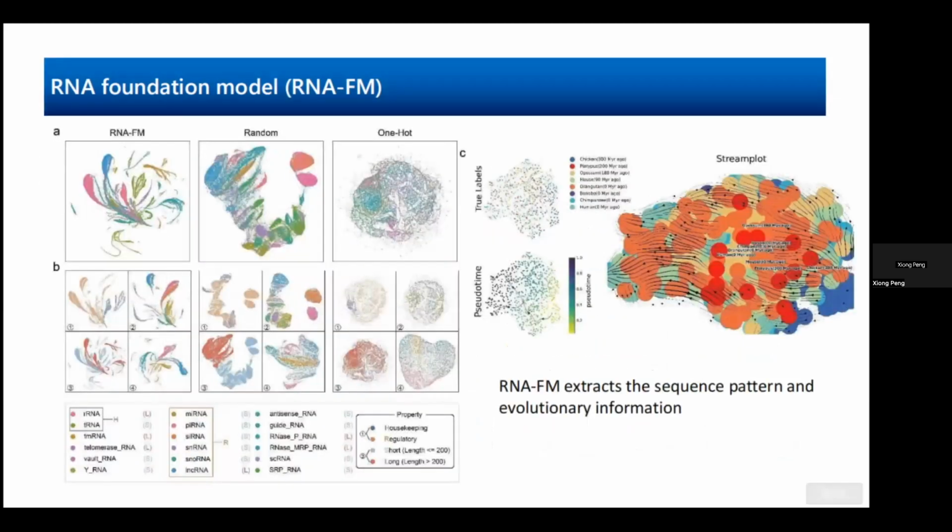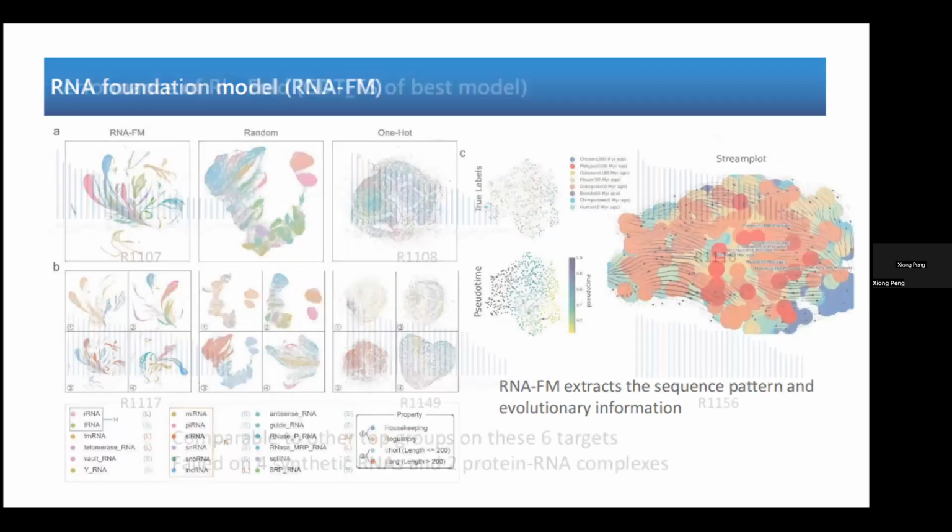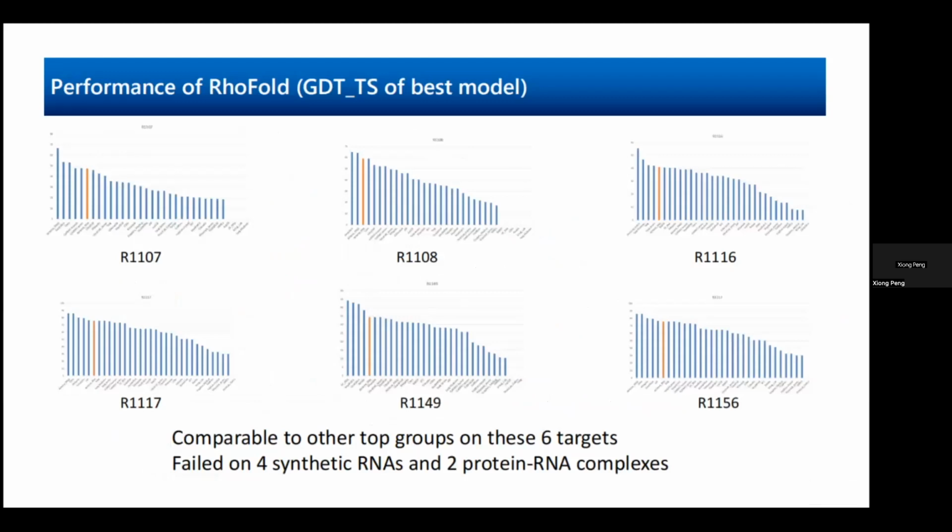Here is a simple test of our foundation model. We can extract the sequence pattern information, and we can discriminate RNA families. But for the overall performance, the result is not as good as AlphaFold 2 for proteins.